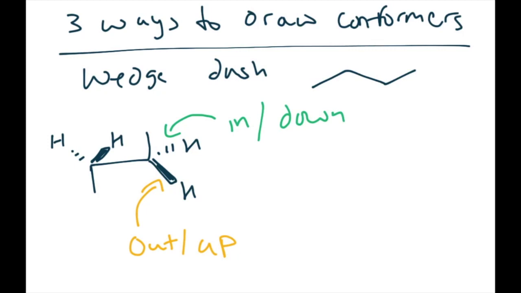The next way to do this is called the sawhorse method. I wish I could get these on the same page. Right, so, sawhorse. The sawhorse is we take the wedge dash and we kind of turn it at an angle.